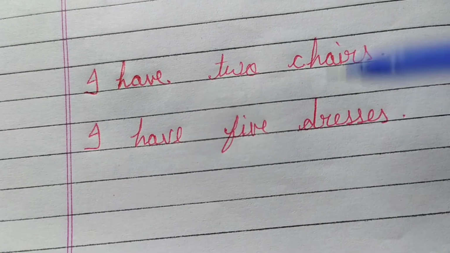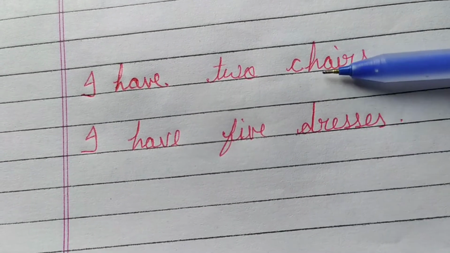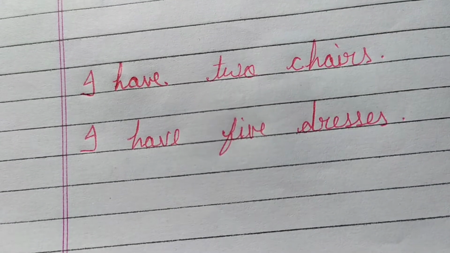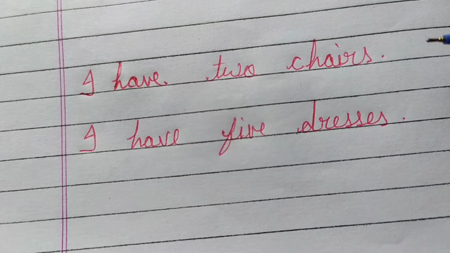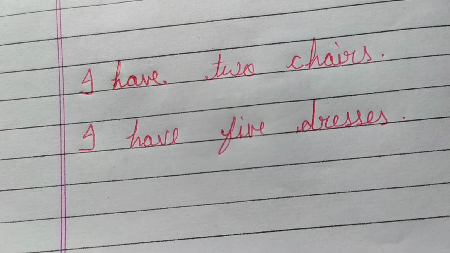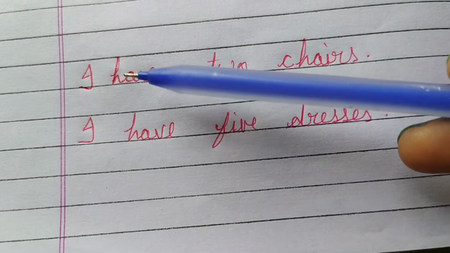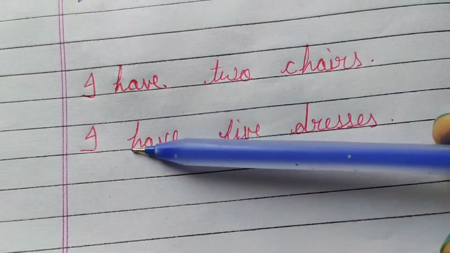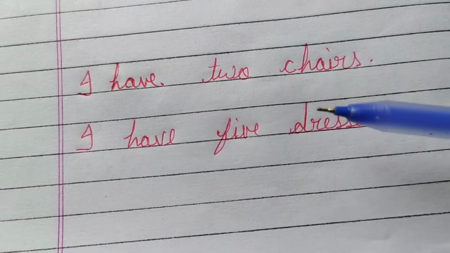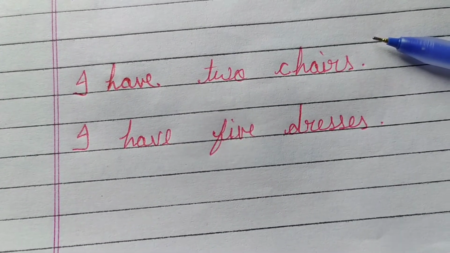So you can count books, you can count chairs. So it is a countable noun. For example, another example, I have 2 chairs, I have 5 dresses. These are all countable.